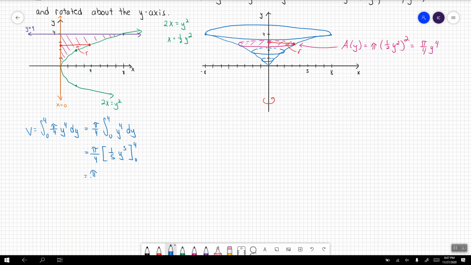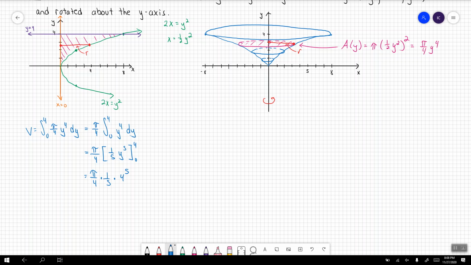And so once again, this is pi fourths multiplied by 1/5 multiplied by 4 to the power of 5. We could evaluate the function at 0, but evaluating at 0 will cancel that whole term out. And so here we get 4 to the 5th, but 4 to the 5th is being divided by a single 4.